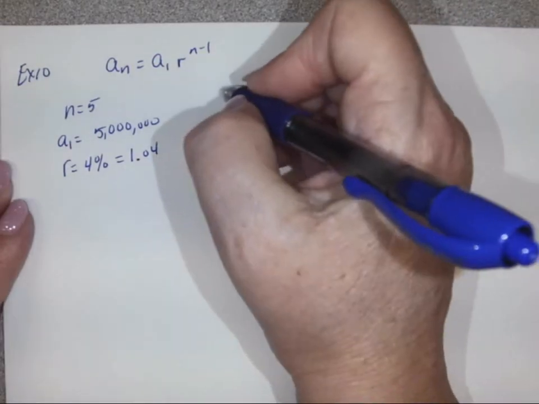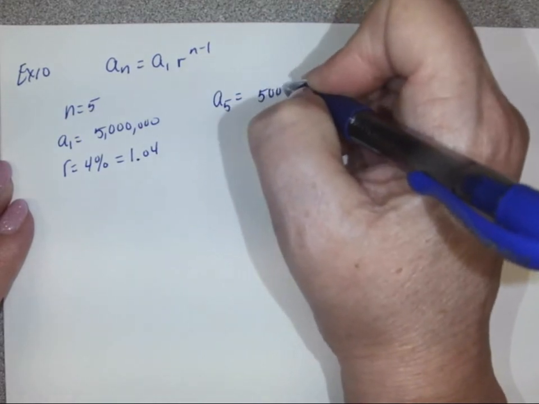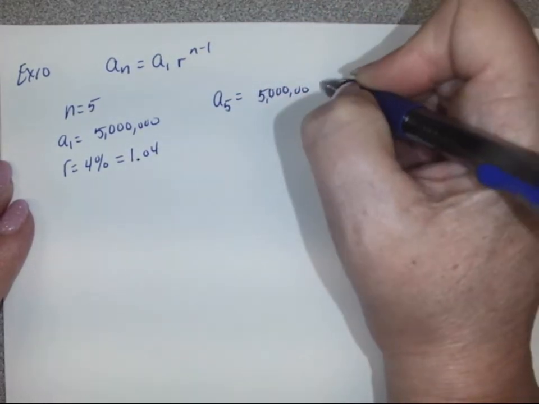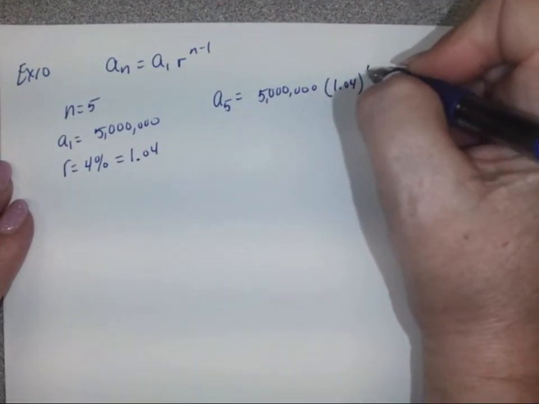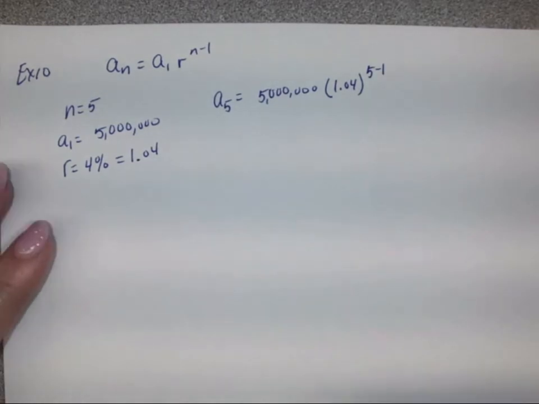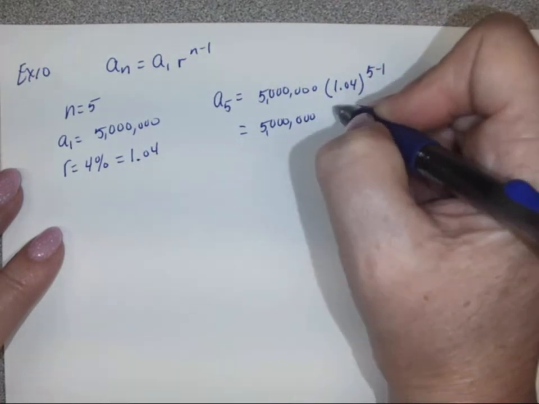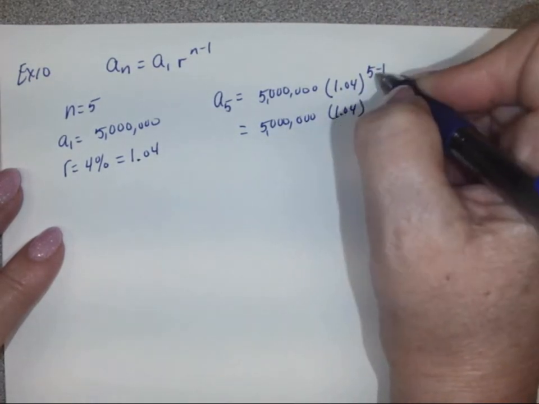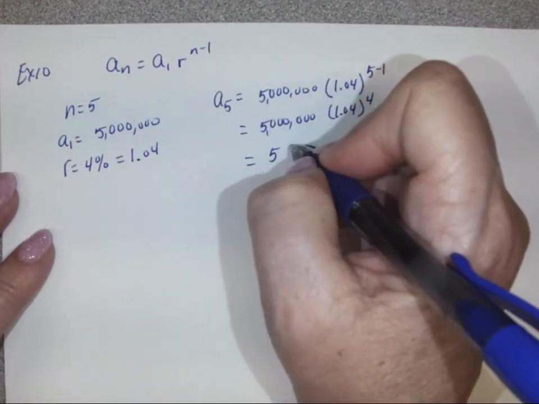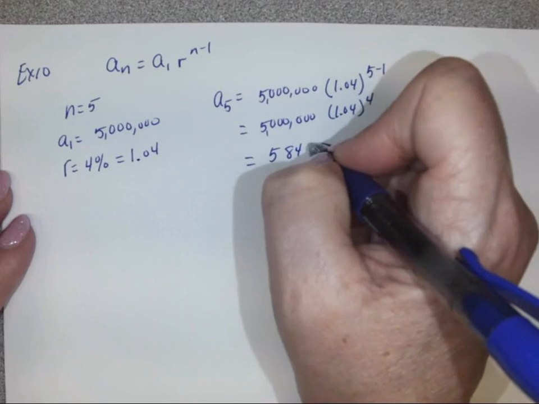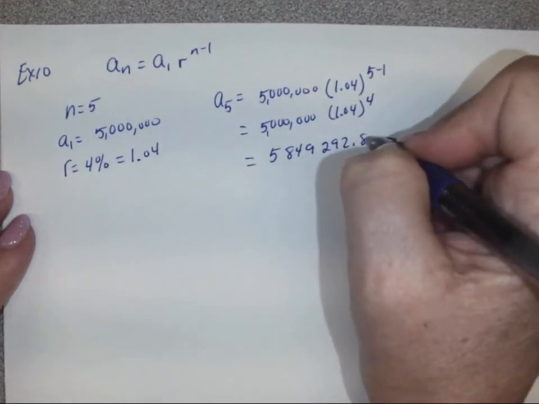All right, so let's find our value. a sub 5 is equal to $5 million times 1.04 raised to the 5 minus 1. Before I put it in a calculator, I would probably change my exponent to the 4, and then I would put it in a calculator. And I would get $5,849,292.80.